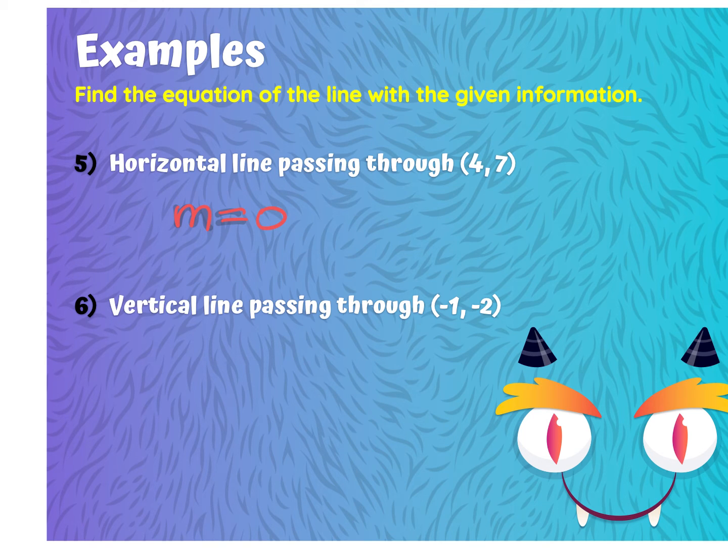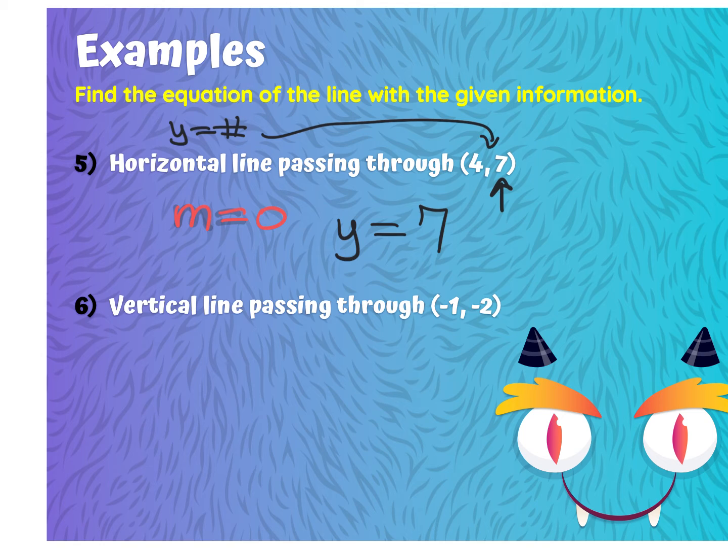And if it's going through that point, we know it's going to be a horizontal line through the y-axis at 7. So a horizontal equation is always going to be y equals a number, and that number is always going to be the y of the ordered pair that's given to you. Now, if you ever blank out, plot the ordered pair and draw a horizontal line through it, and you're going to see what the equation looks like.